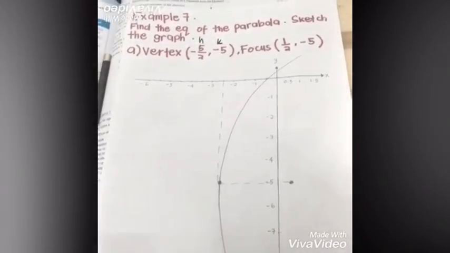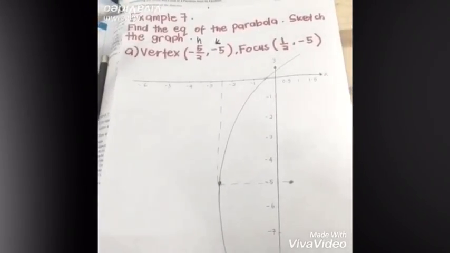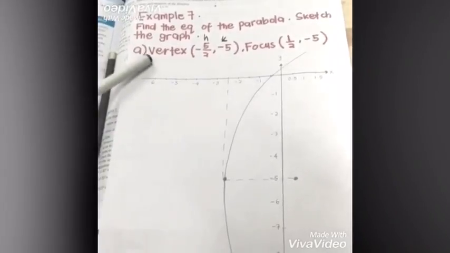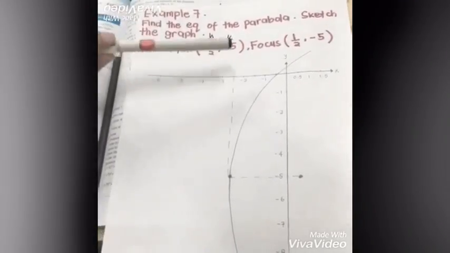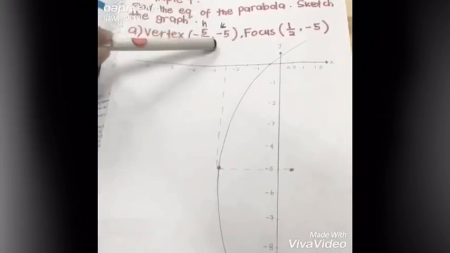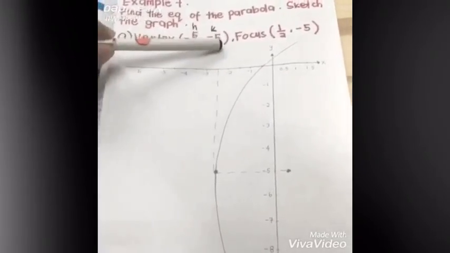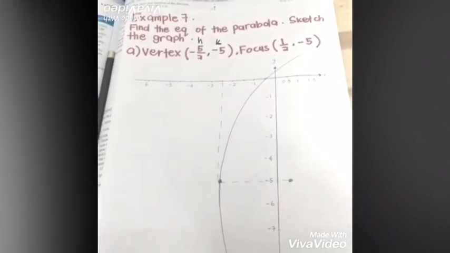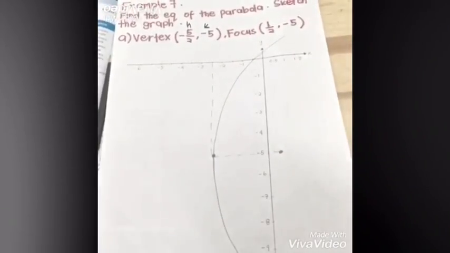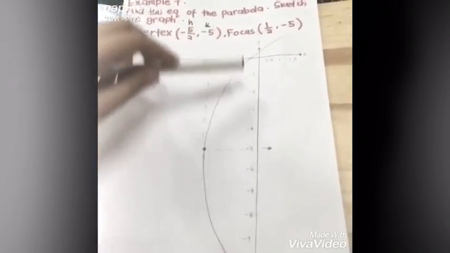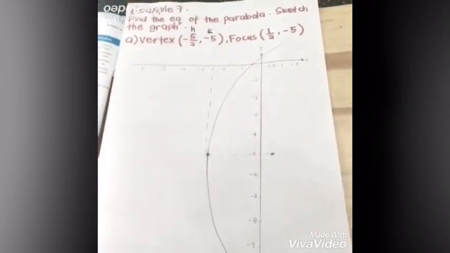Next, I will show you how to find the equation of the parabola and how to sketch the graph. The question gives us the vertex and the point of the focus. The vertex is h, k, while the focus is 1 over 2 and negative 5. The first thing you need to do is sketch the graph with the coordinate axes, x-axis and y-axis.